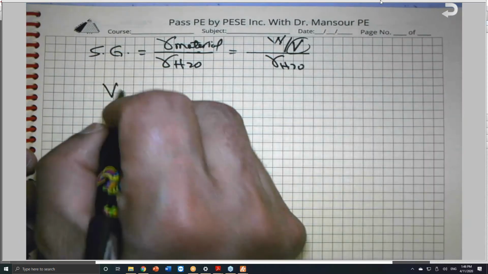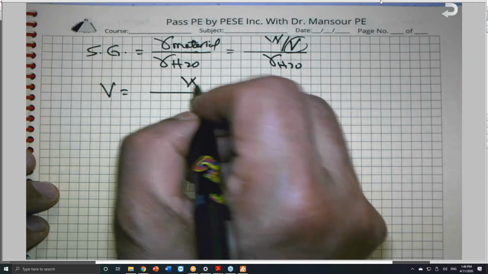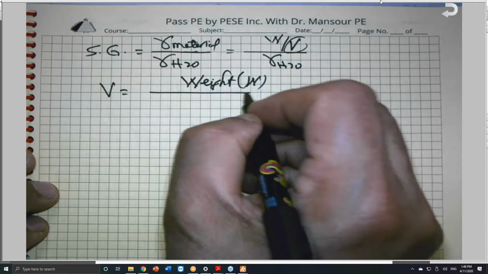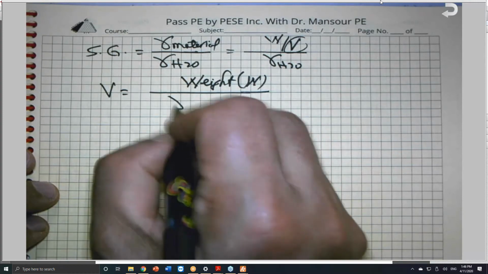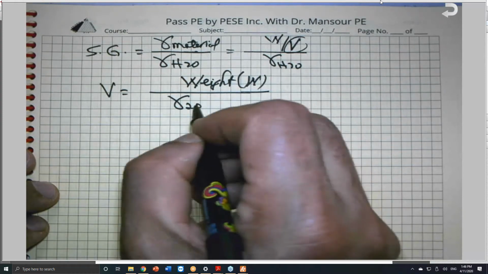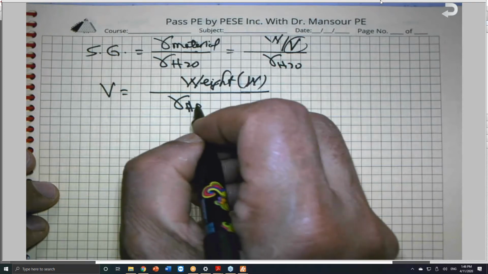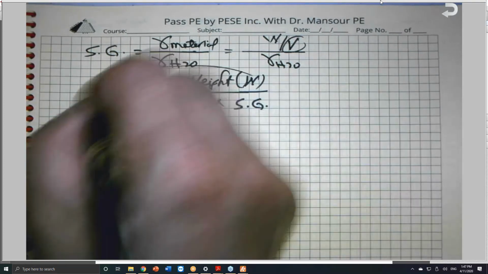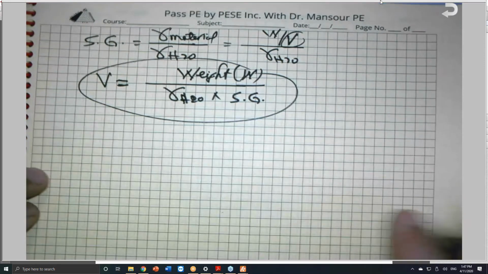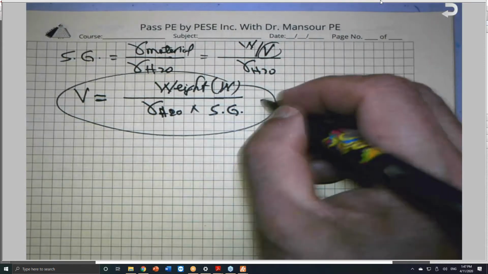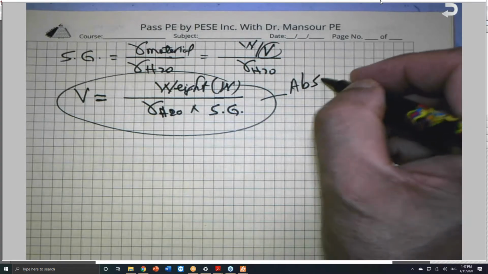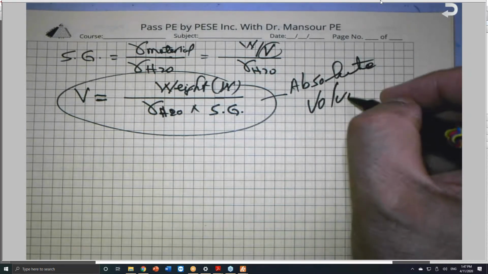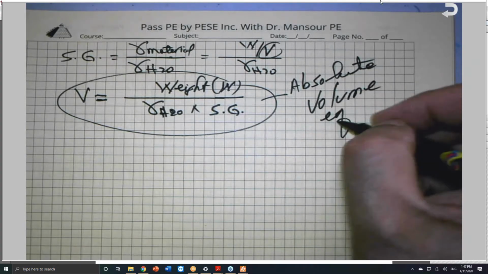So the volume is equal to the weight, W, divided by gamma water times the specific gravity. And this is the equation that I needed you to remember, the absolute volume equation.